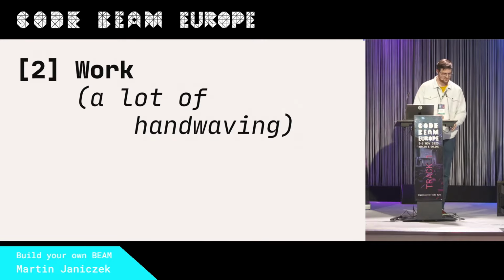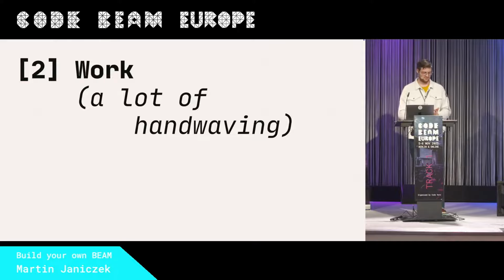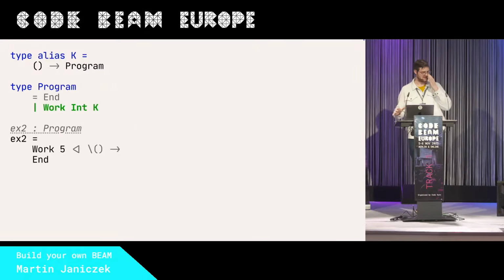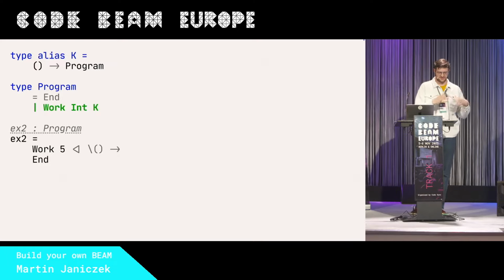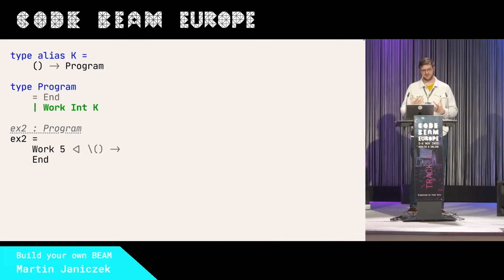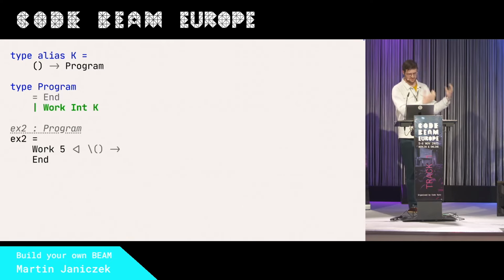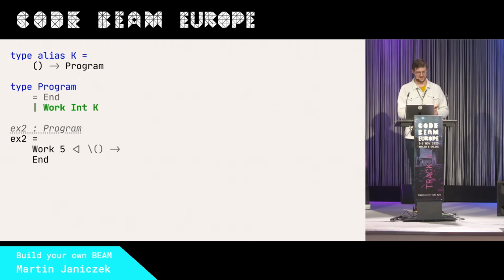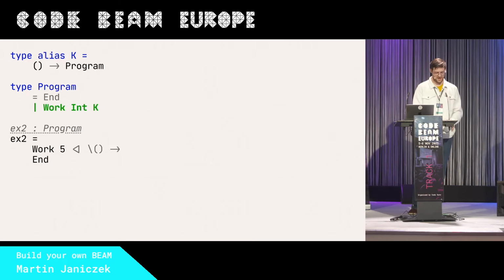Let's do something else, with a little bit of hand waving. We're going to say there's a bunch of work that these processes need to do. This might be some calculations, some function calls, we don't really know, and I'm not going to care. I'm just going to say this program does 5 units of work, whatever that is.